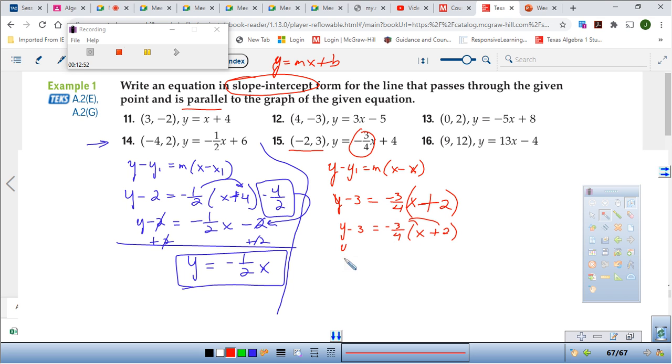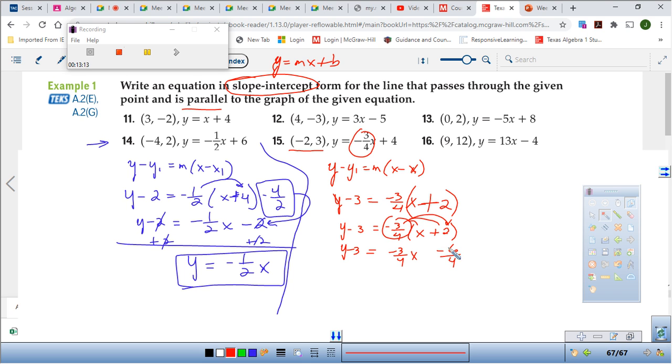Okay, we're going to go with y minus 3 is equal to a negative 3/4 x, and multiply this times this. Multiply this times this. What does that give me? Two, three. It gives me a negative 6 over 4.